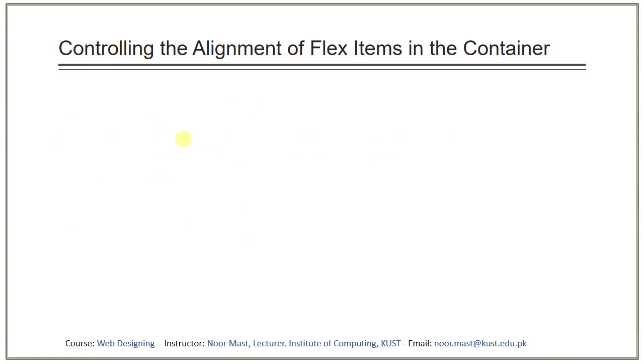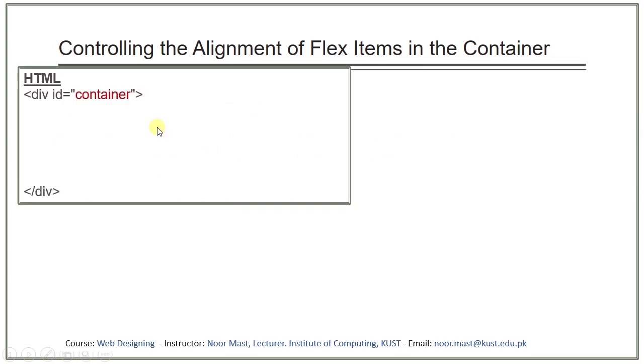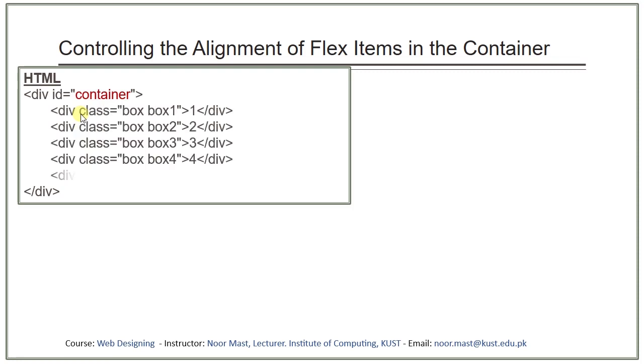Look at this segment of code. Here we want to demonstrate the behavior of the align-items property. First of all, we want to set this div element as a div container, and we also want to define some items inside this div container like this. Thus, there are 5 child elements within this div container.